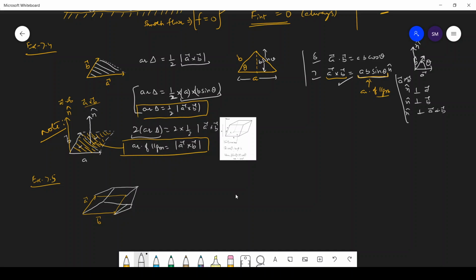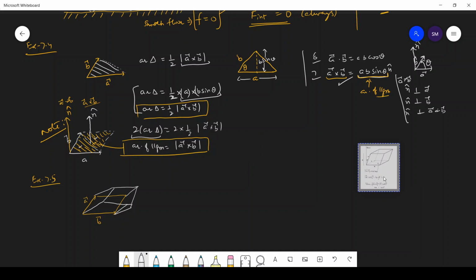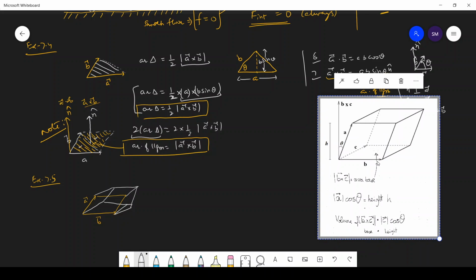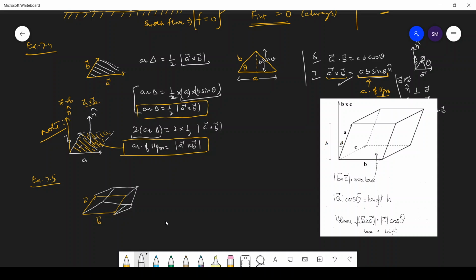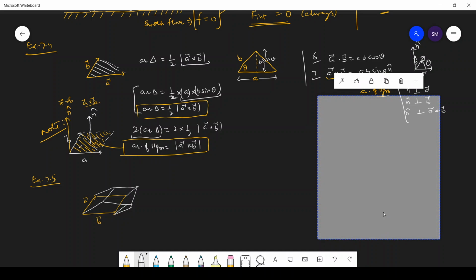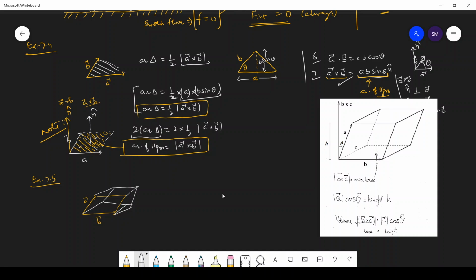So students, this is the figure of the parallelepiped. Okay. Now you can see that this is the base area, and this whole angle is 90 degrees.